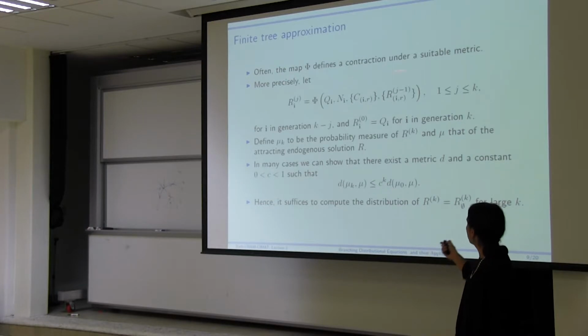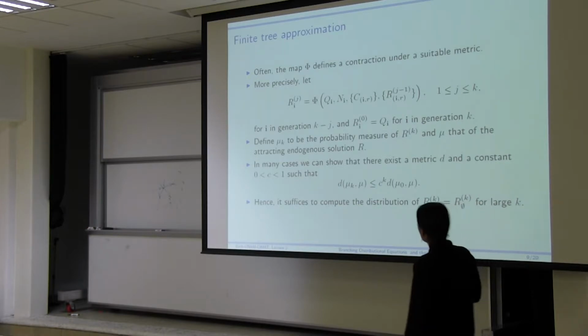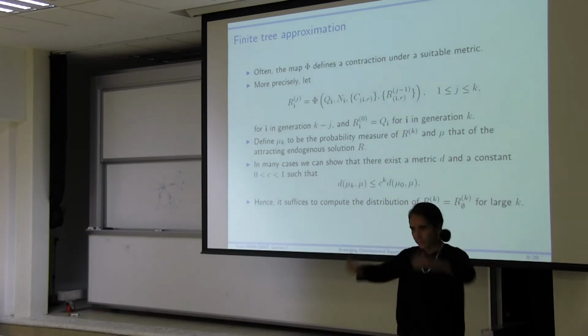What I said yesterday is that in general, if I think about R as the solution to a map phi, whatever phi is, in that case either the smoothing transform or the maximum equation, then I can always think about looking at this from the finite tree perspective.